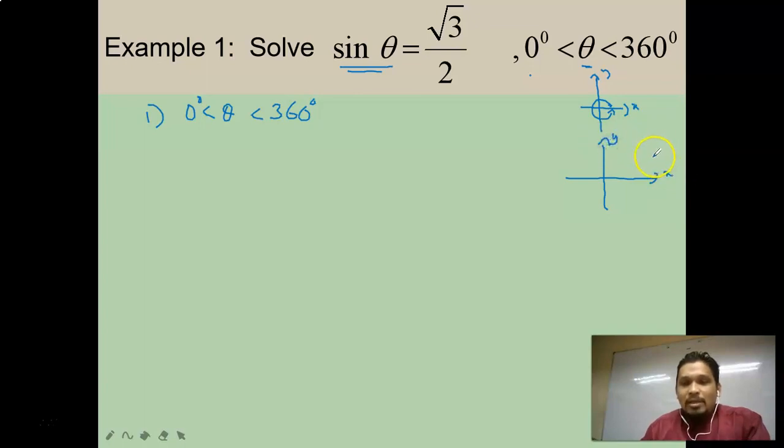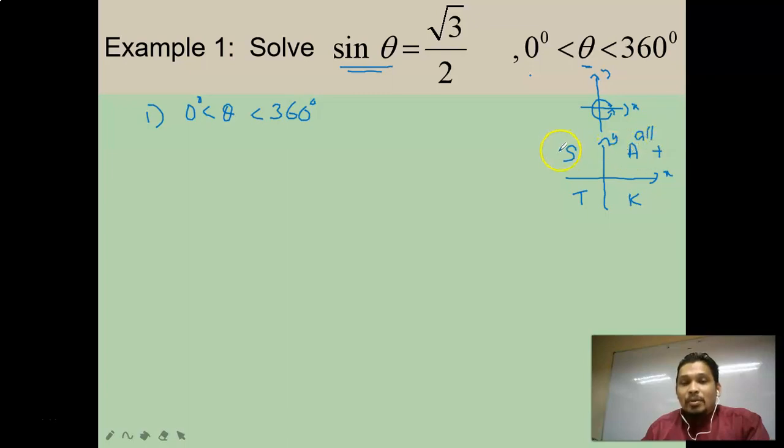We can define this: in the first quadrant, we put capital letter A, then S, T and C. A stands for all. All means that all the identities of sine, tangent, and cos are positive.